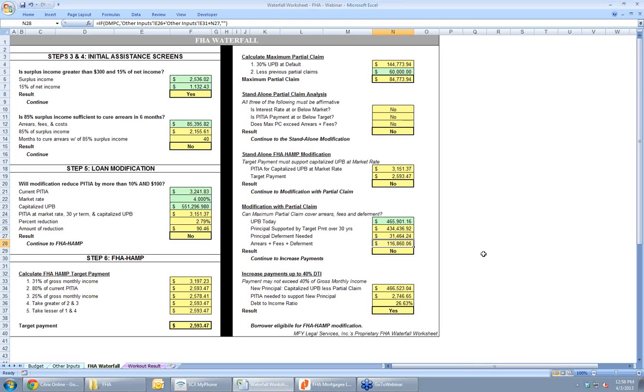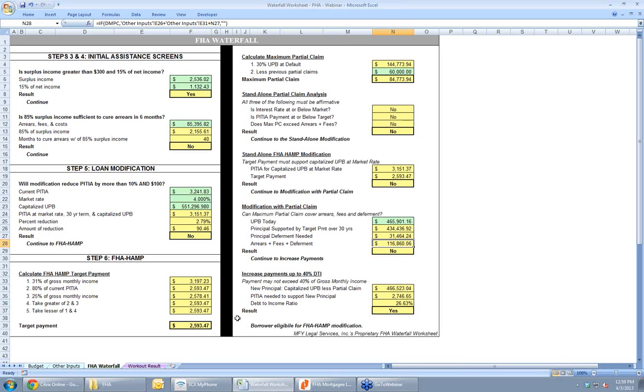So here, for this borrower, we can get a principal balance of $466,523, and the partial claim there would be just $2,746, and the debt-to-income ratio on that would be just 26.63%. And because we're below the 40% cap, they would be eligible for this modification. So they'd be fine. They actually have quite a bit of wiggle room in this scenario.